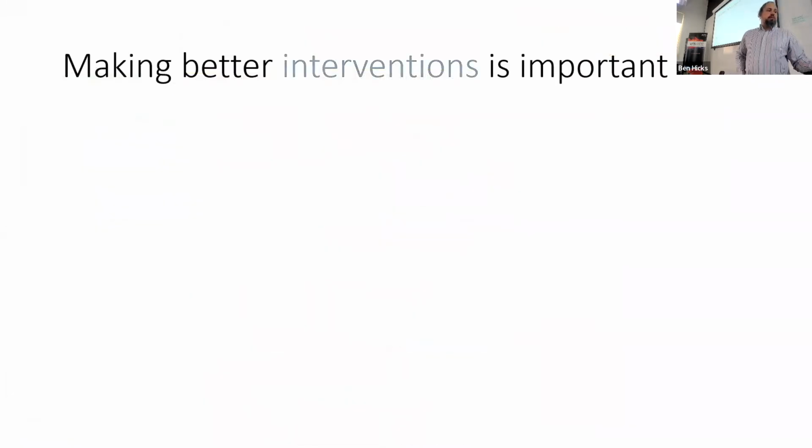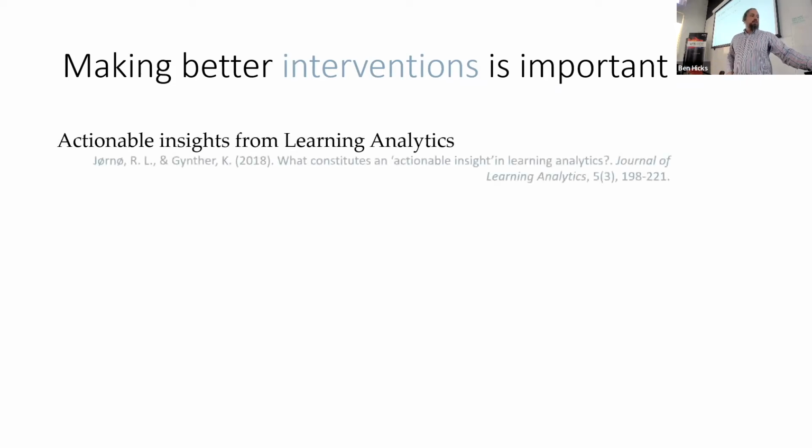But one thing that we can agree on, largely in education, is that it's about improvement. And to do this, we need to instigate change. We do that by making interventions. Now, learning analytics is often talked about in terms of actionable insights.